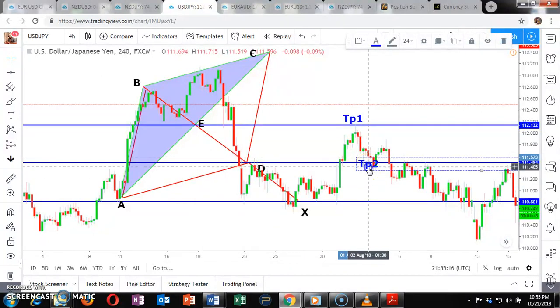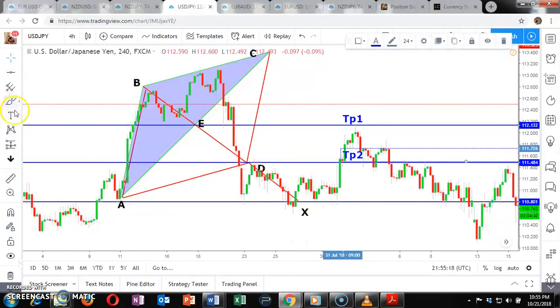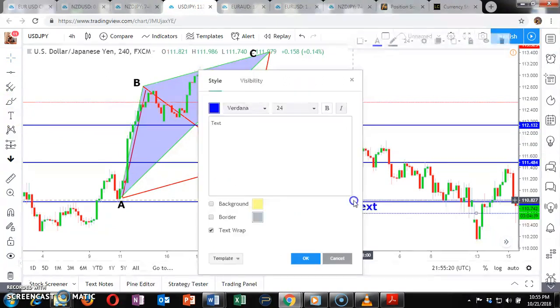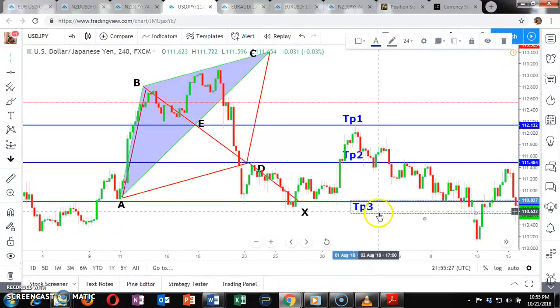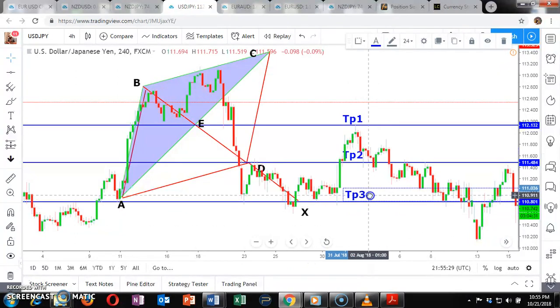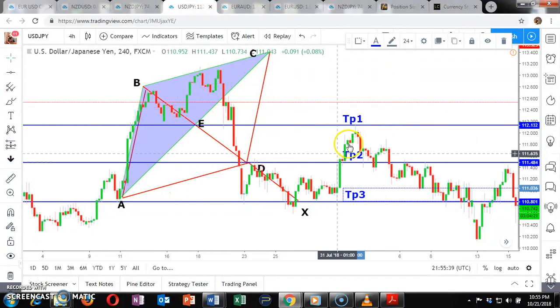Okay, and this is your take profit 3, right? So you see that the market got to take profit 3 in these two instances. So it's very difficult to find a rhombus that wouldn't hit your take profit 3. So basically you can use take profit 1, take profit 2, or take profit 3.